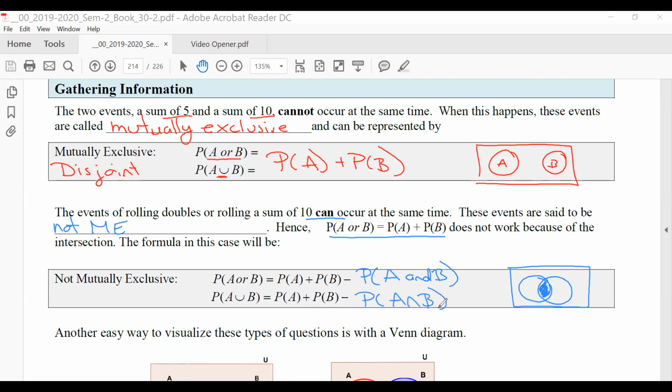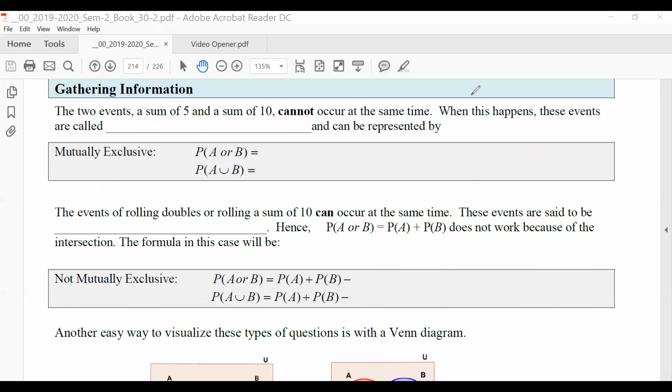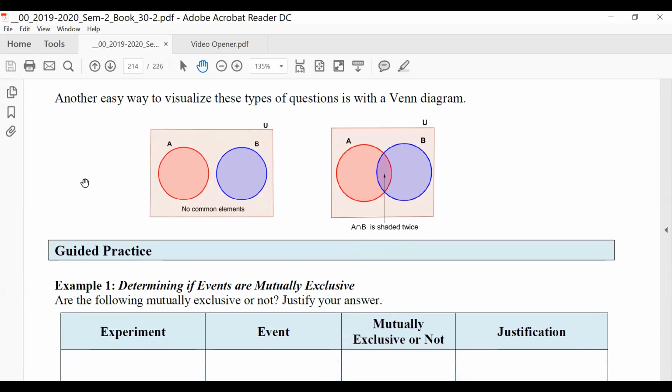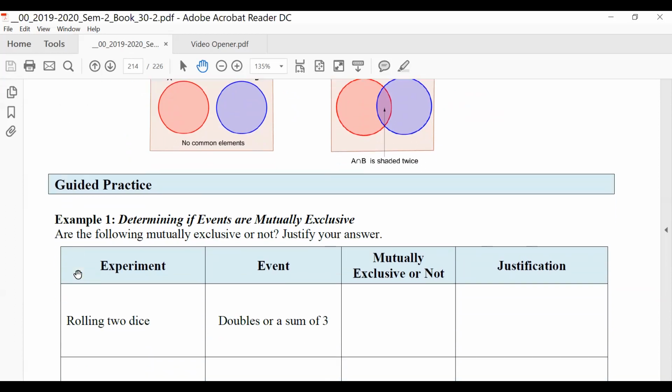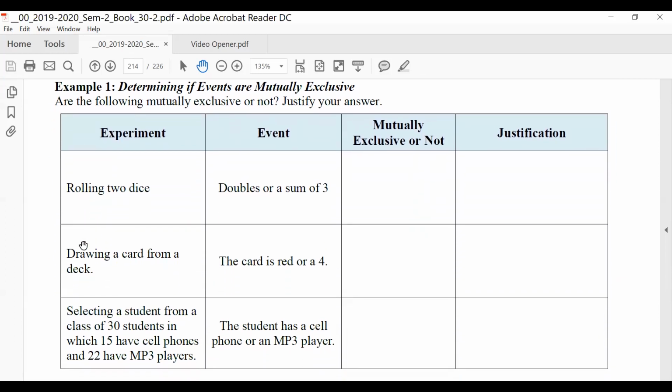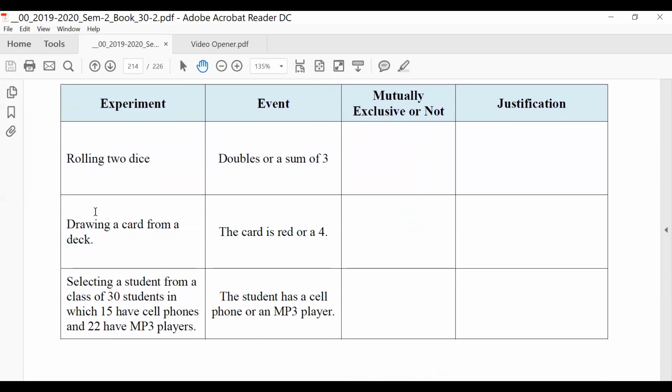So when something's not mutually exclusive or not disjoint, we're just going to subtract out that intersection. Easy idea. There they are right there, nice and pretty for you to see as Venn diagrams. Now, most of the time, we probably don't need a formula, but again, it's on my formula sheet and it's nice to write out. When I'm in a really tricky question, it probably will get me out of a jam.